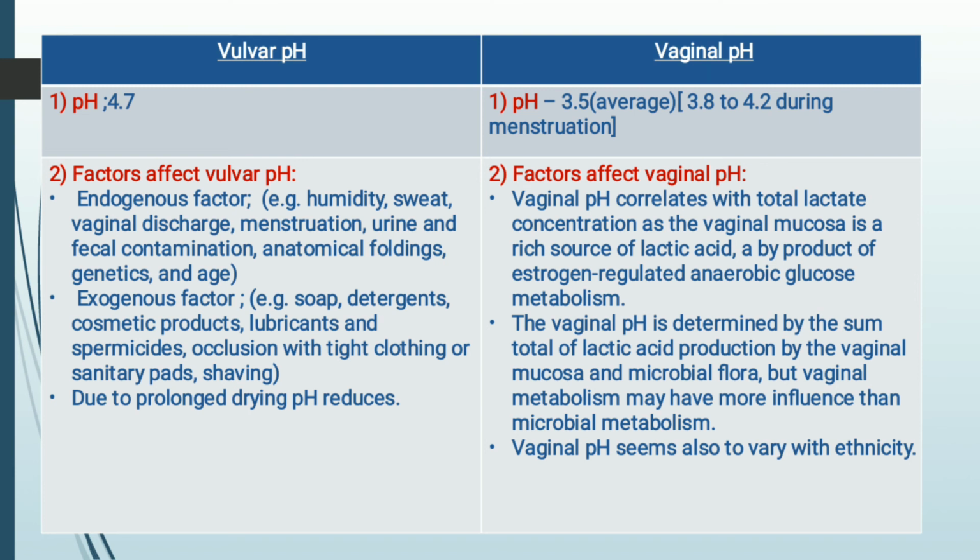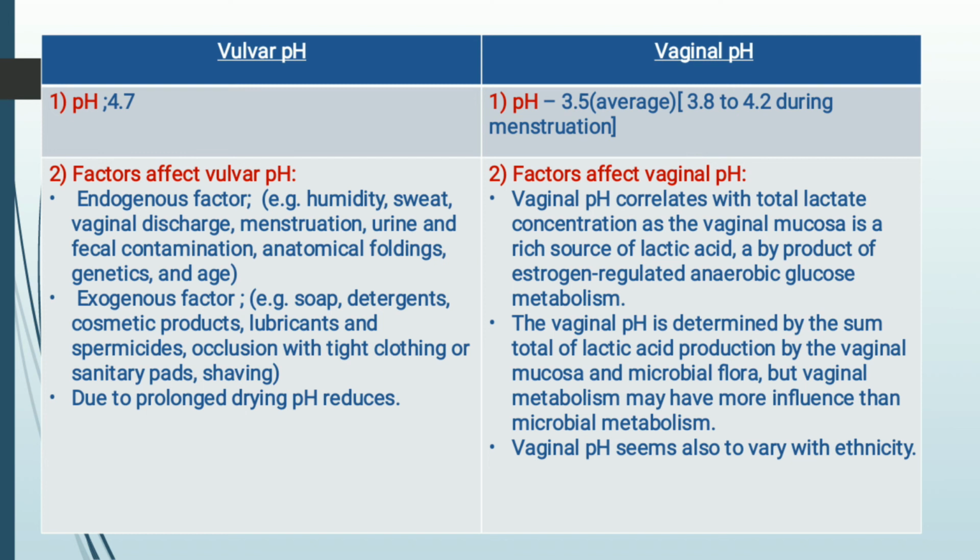And what are the factors which actually affect vulvar and vaginal pH? There may be a lot of factors. If I tell you about vulvar pH factors, there are different endogenous factors, that is humidity, sweat, vaginal discharge, menstruation, urine, fecal contamination, anatomical foldings, genetics, and age.